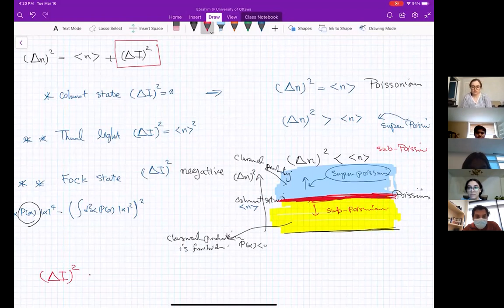This is purely quantum. It's not like n, which is an average that we deal with in a classical picture. n is something like a G1 function.